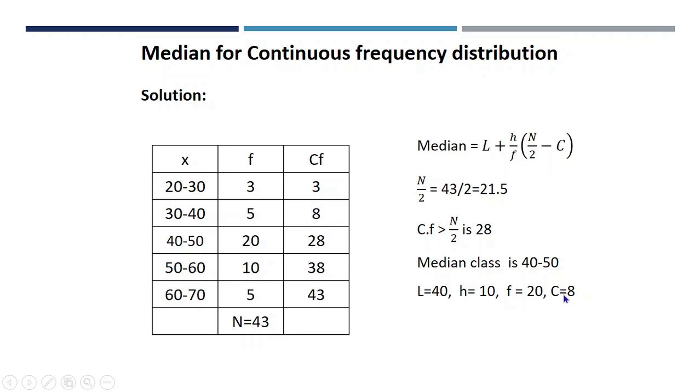So c is equal to 8. Substituting all these values in the given equation for median, we get median is equal to 40 plus 10 by 20 into 43 by 2 minus 8, which is equal to 46.75.